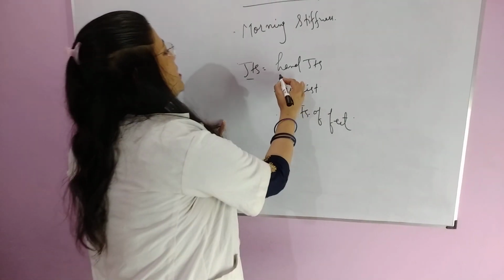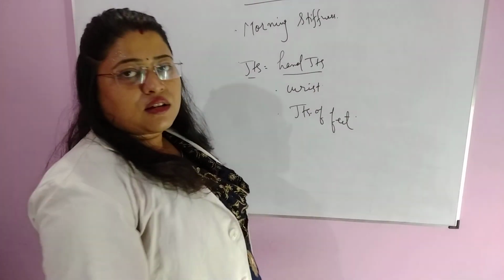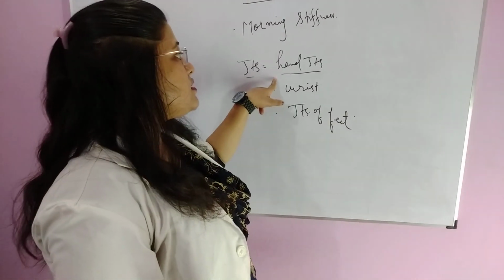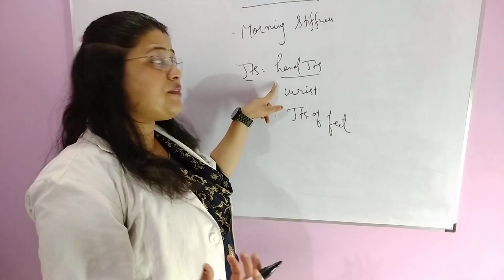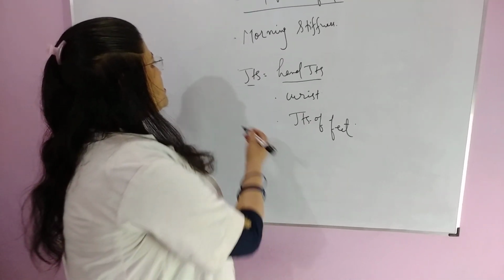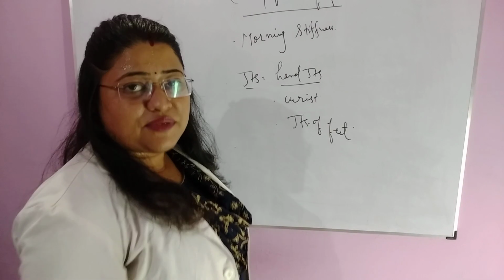So hand joints are primarily affected by rheumatoid arthritis. So this is about joints affected.